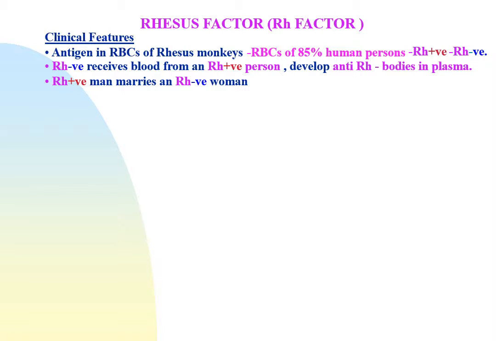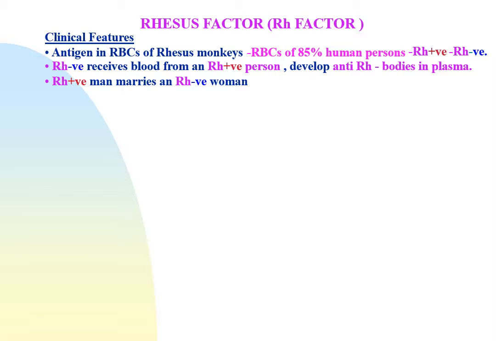When an Rh positive man marries an Rh negative woman, the fetus will be Rh positive. The first child will come without any complications, but during labor, some of the fetal Rh positive blood will pass to the mother's circulation. The mother's blood will start to form anti-Rh bodies.